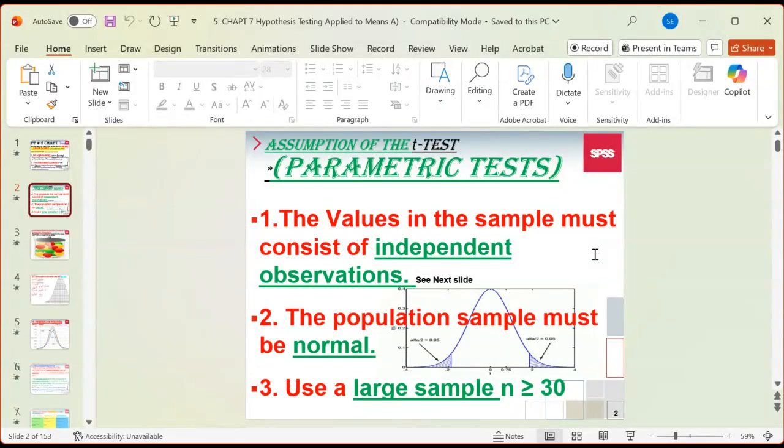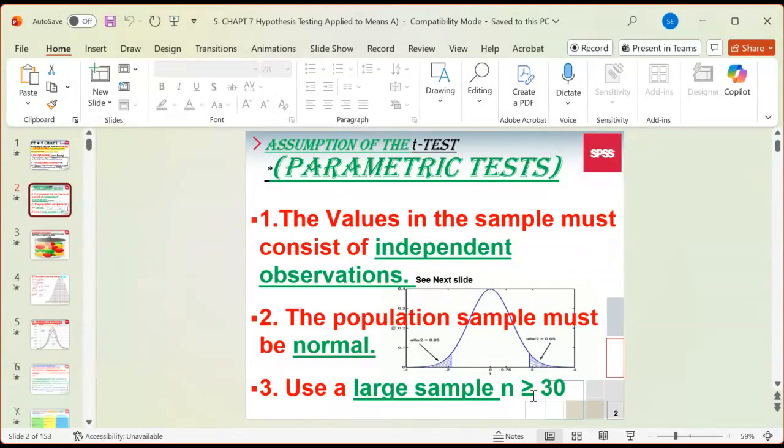We're not going to manually calculate the non-parametric test. We will use SPSS for non-parametric tests, but we do go over the manual calculation of parametric tests.